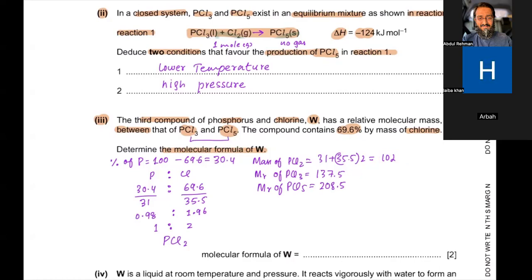If I do 102 times 2, it is going to be 204, which is the middle value of these two.